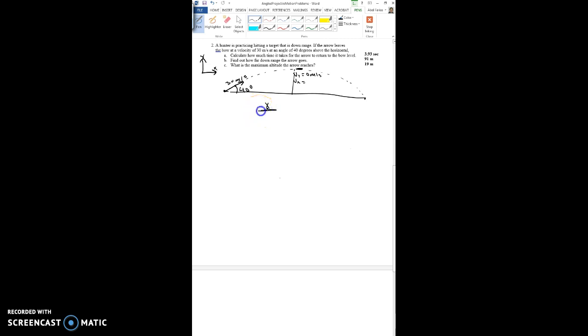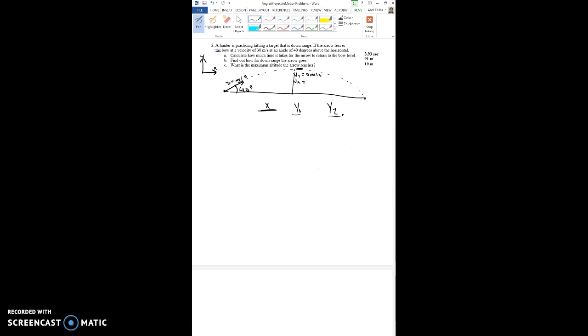I like breaking this problem down from when the arrow was shot to the top of its path, which I'll consider y1. And from when the arrow is at the very top, with no velocity in the y direction, as it falls, I'll consider that y2. Now there are knowns and unknowns for each portion of this problem.